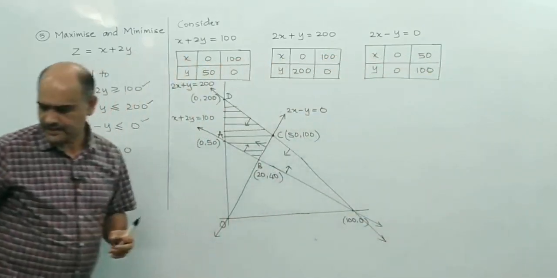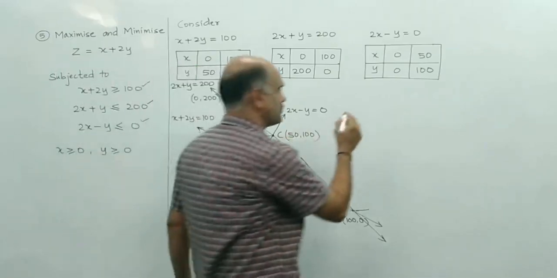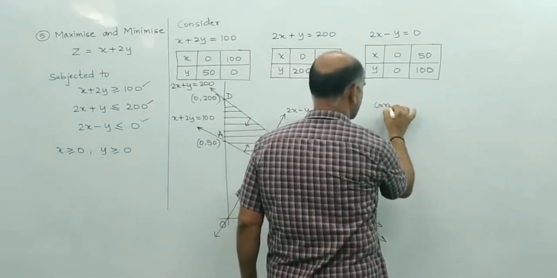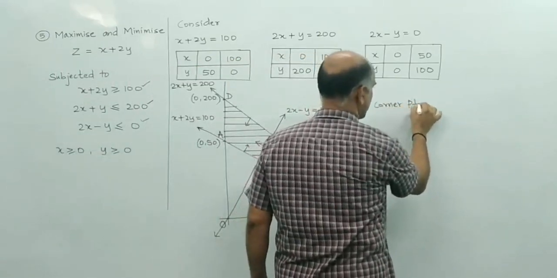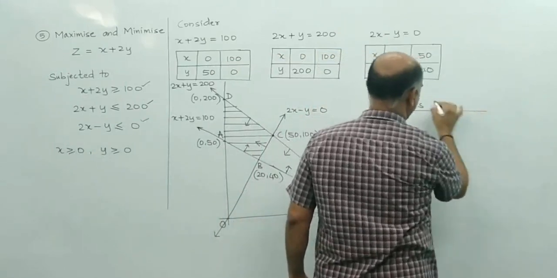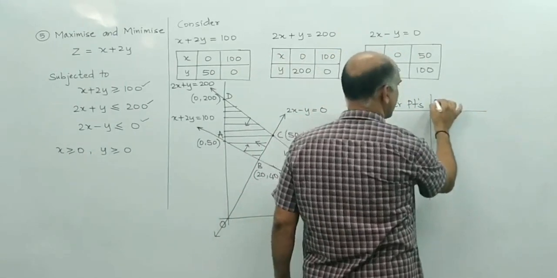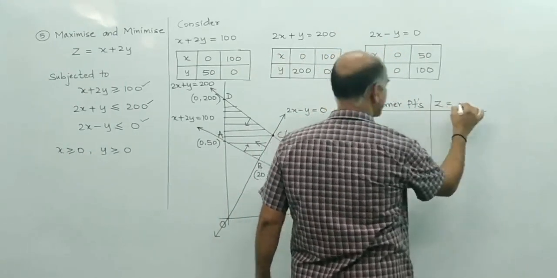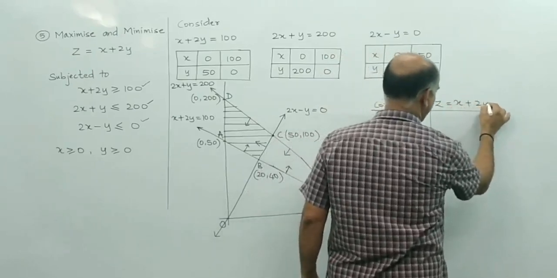So now if I take corner points and the value of z. So z is equal to x plus 2y.